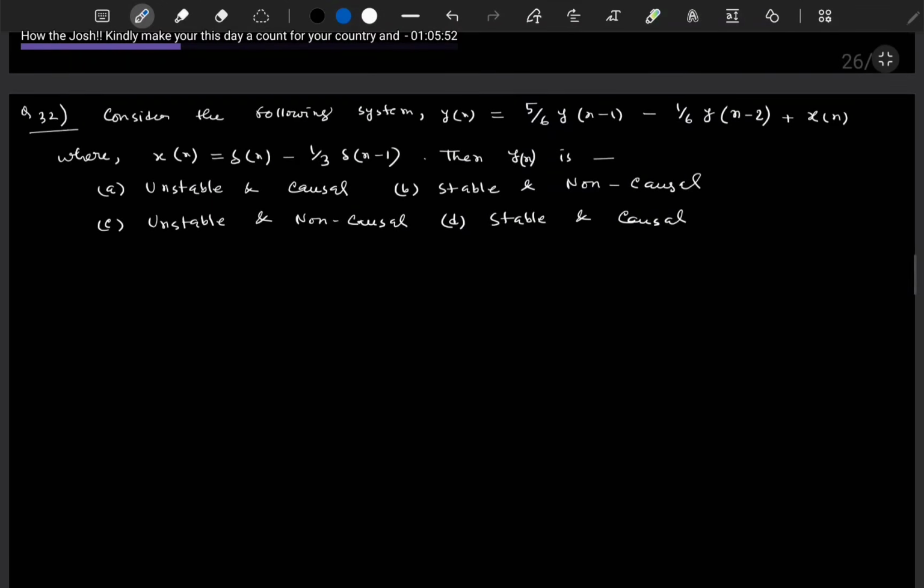Next, consider the following system: yn equals 5 by 6 y of n minus 1 minus 1 by 6 y of n minus 2 plus xn, where xn equals del n minus 1 by 3 del n minus 1. Then yn we need to find out.